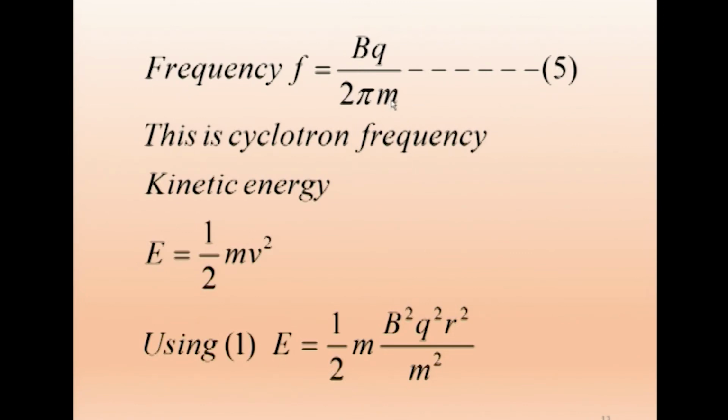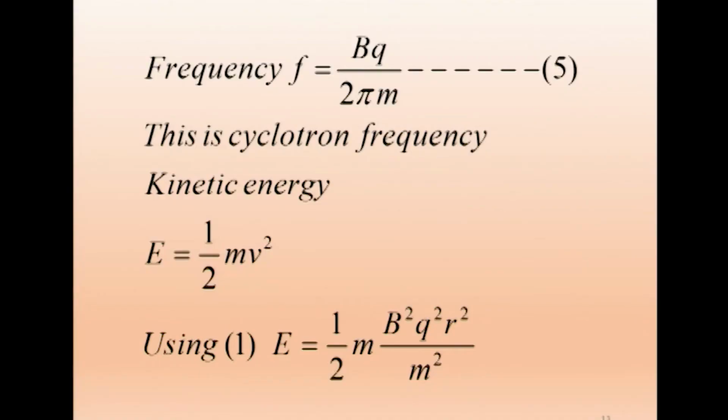Suppose this mass is increasing because of the relativistic effect. The mass is increasing, then this frequency should decrease. Here the denominator is increasing, so the frequency should decrease. Otherwise the particle will not get accelerated. Just keep in mind, because of the relativistic effect, the mass increases, and the frequency has to decrease. We will go back to this one.